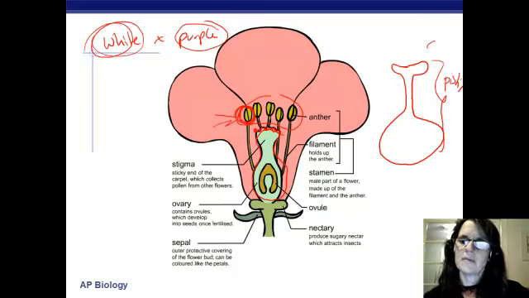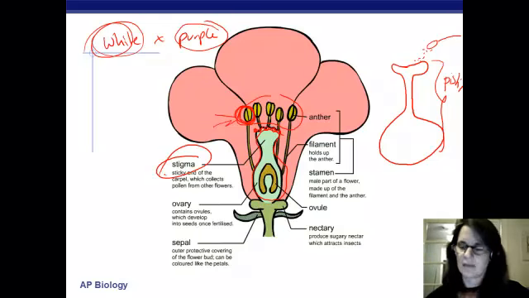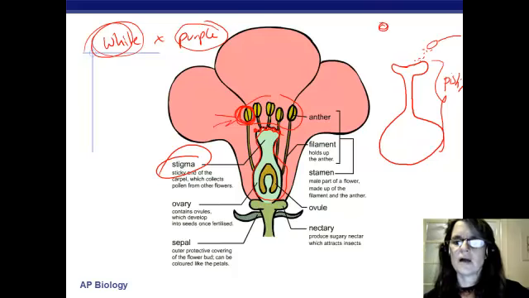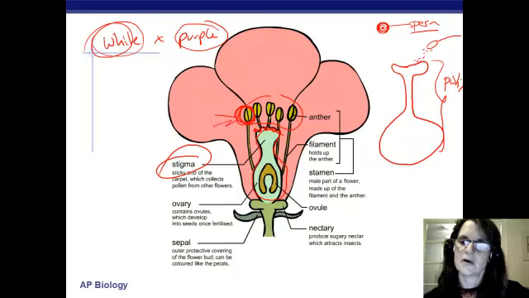He would dab the male parts with their pollen grains on top of the pistil, on the stigma, and it's sticky, it's got a little sap-like stuff, and the pollen sticks. Inside each pollen grain, I'm showing you a big old pollen grain, there is a little cell, and that is a sperm. So inside the pollen is sperm.